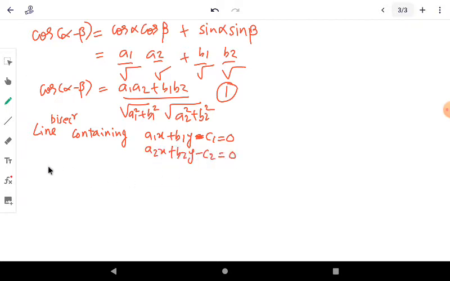So we know that L1 and L2 origin values, if we find the product, which is minus C1 into minus C2, since C1 C2 is positive, negative negative becomes positive.